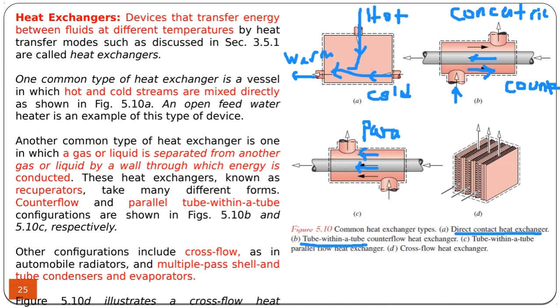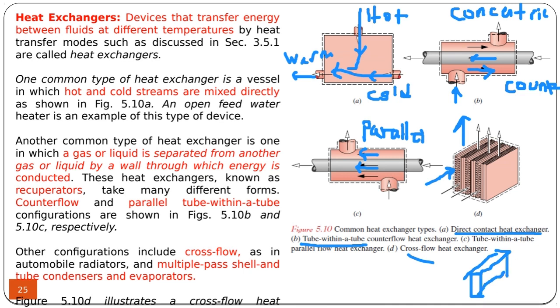It's also possible to have the fluids flowing in cross direction. As you can see, one flow is flowing in this direction, whereas the other stream flows in the perpendicular direction. You can see cross-flow heat exchangers in car radiators, where the engine water is cooled.